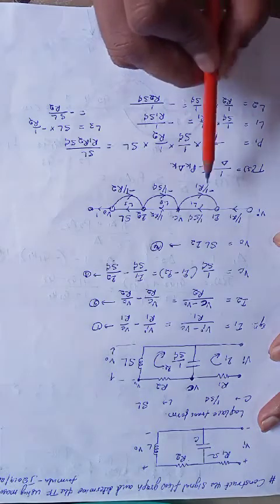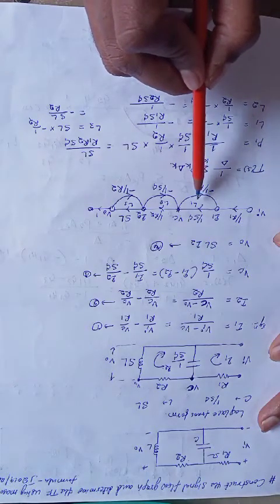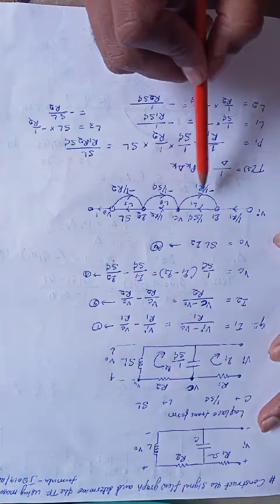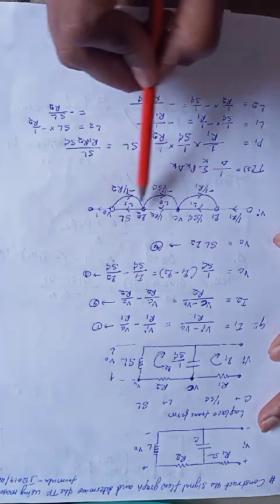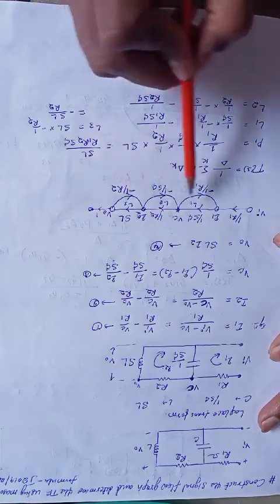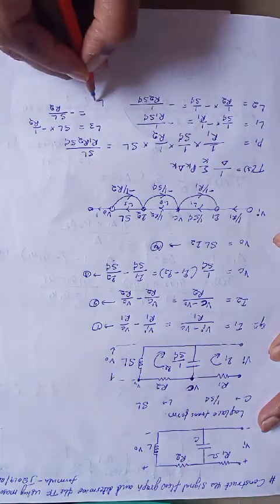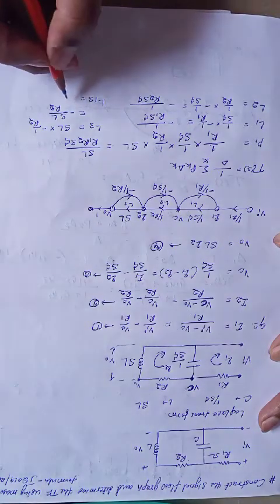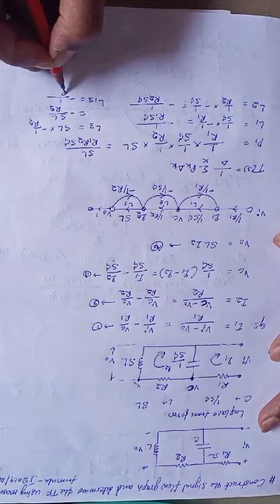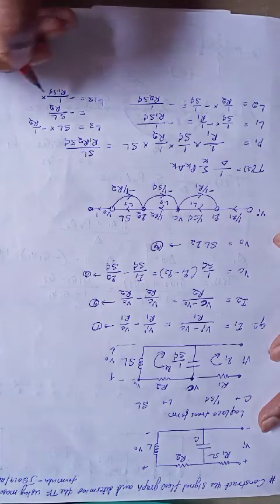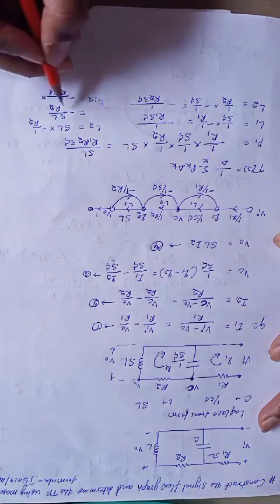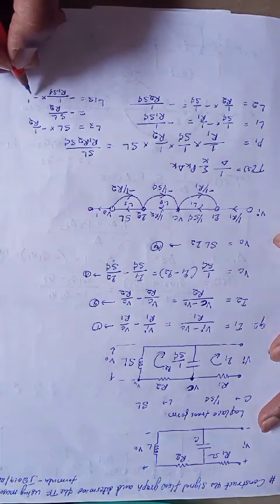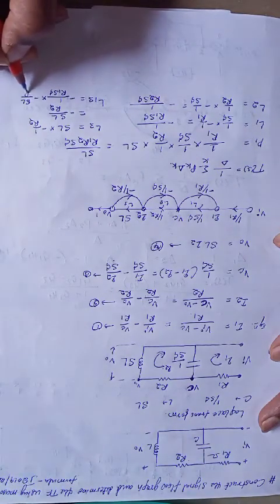Now the next step is to check whether two non-touching loops are there or not. See here, this loop and this are not touching, hence I have to write one more. L13 equals its gain. L1 gain is minus 1 upon R1 SC into, then here minus SL divided by R2.